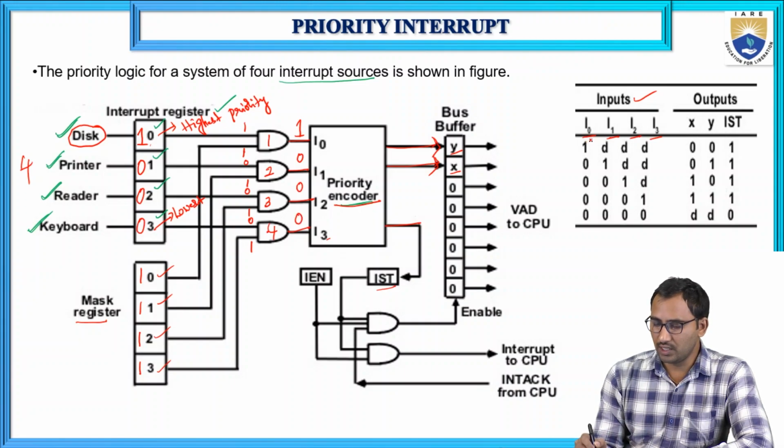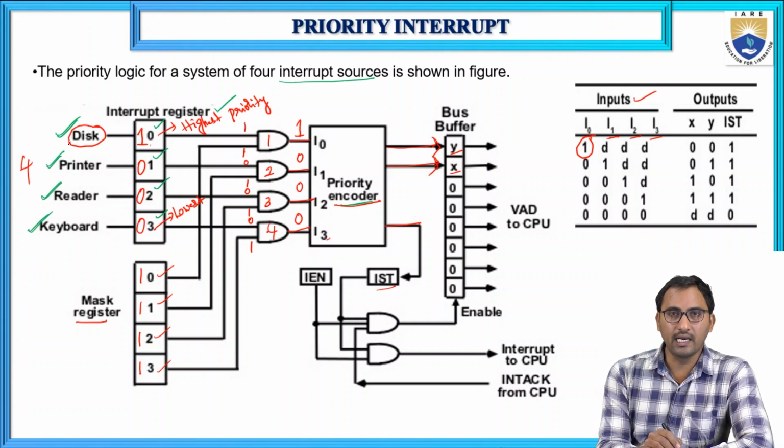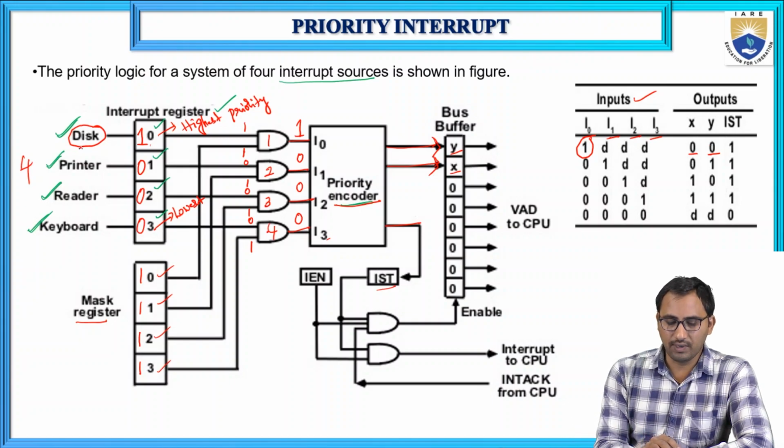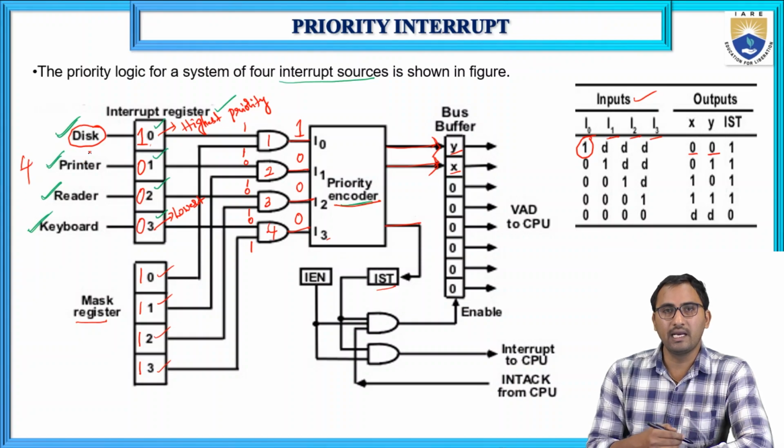The first device generated the interrupt request, so you will get the output X equal to 0, Y equal to 0. Because the highest priority device generated the interrupt, there is no need to check the remaining devices, since the highest priority device has already generated the request.